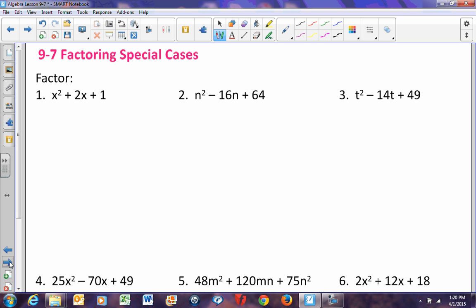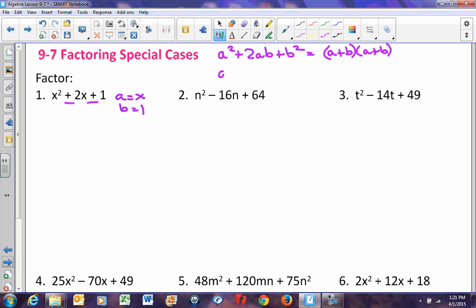My first term is a square, my last term is a square, my middle term is 2 times x times y, right? Or 2 times a times b. So my a term here is x and my b term is 1. Since this is a plus, remember the two formulas are a squared plus 2ab plus b squared, which factors to a plus b times a plus b.